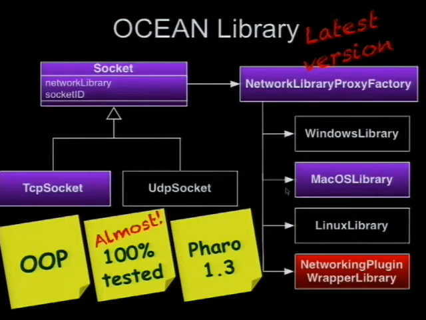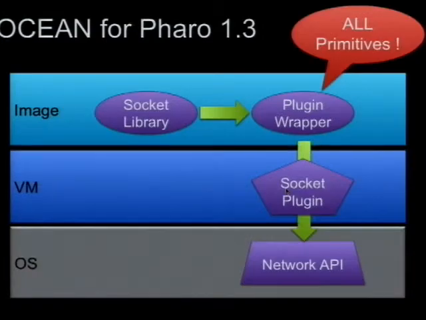Anyway, the idea is that we want our socket library to be independent from the implementation, from the operating system side, and we have a wrapper for the plugin, and this wrapper contains all the primitives we found about the plugin. Because in the current implementation of socket, not all primitives are made available.